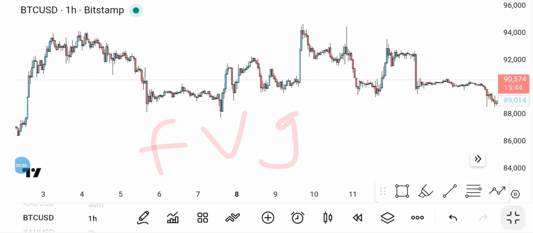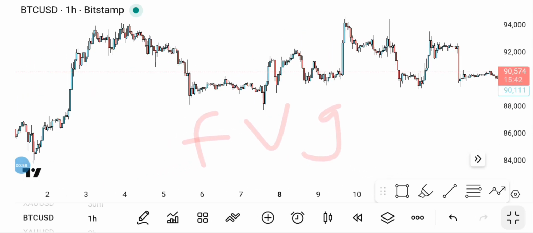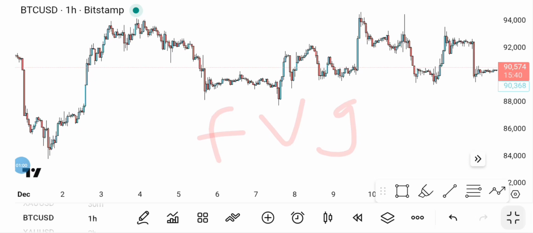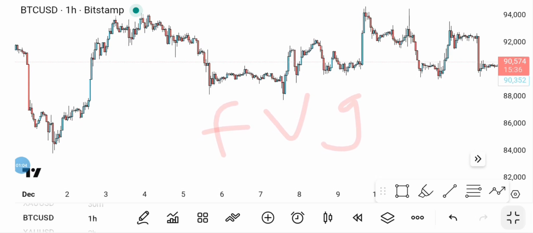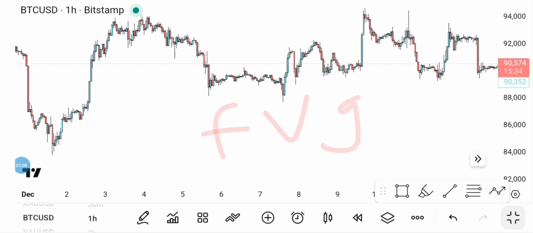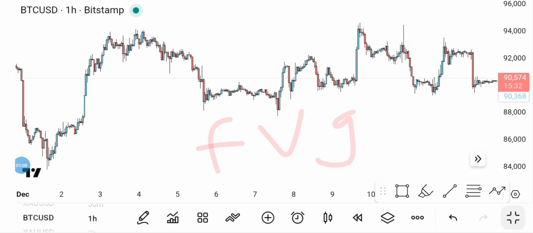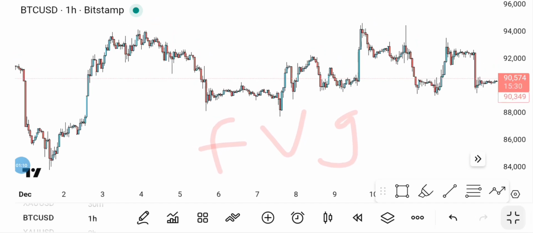Well, you know what, guys? The fair value gap is something to trading with SMC, the smart money concept or the ICT, is a very good one. It's also a powerful strategy, and I've been trading with the SMC for a while now, and I find it very good as well.